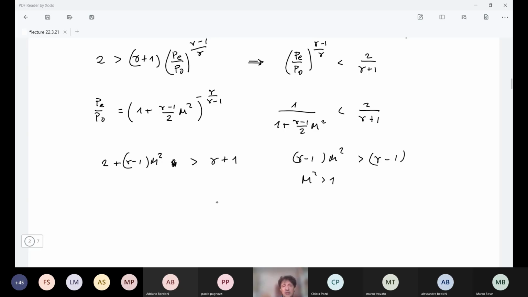So we see that our mass flow rate is increasing with P over P0 when M is less than 1. Then, so mdot increases with P0 over P increasing, provided that M is less than 1. Then we reach M equal to 1, you have a maximum.